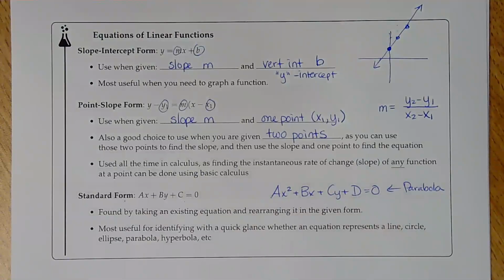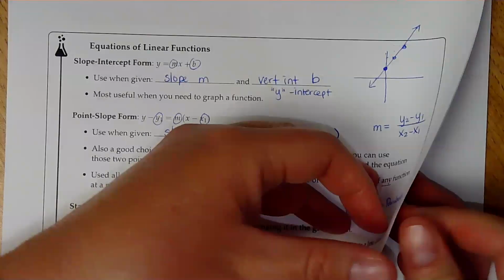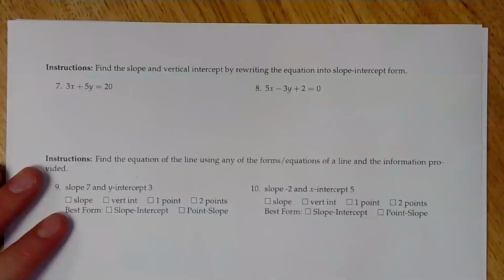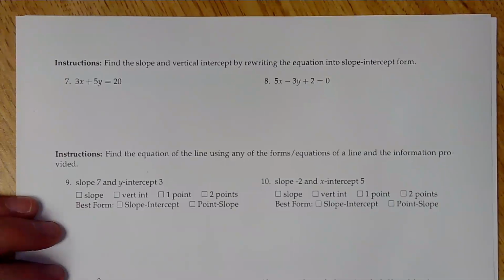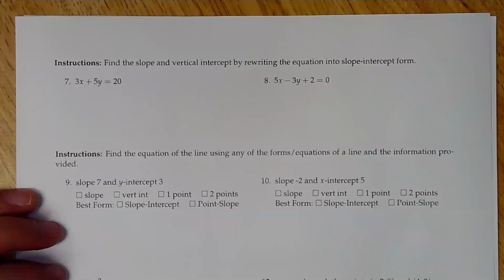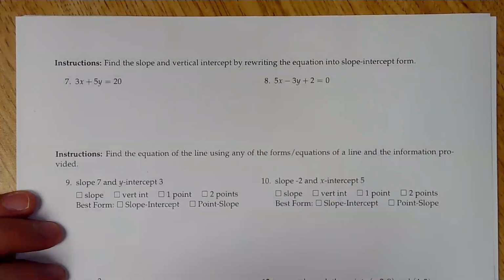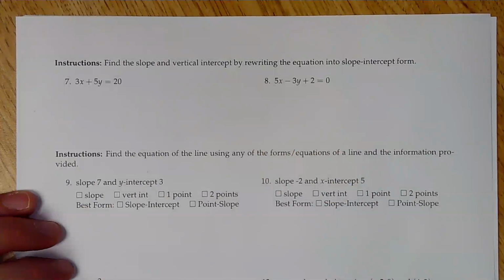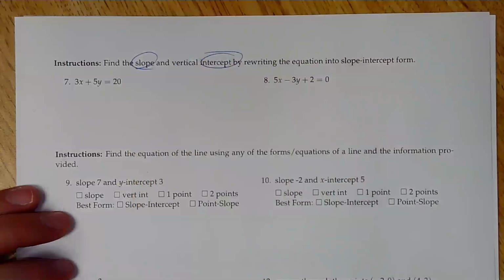All right, so let's take a look at using these. We're going to turn to this next page here. We are going to find the slope and vertical intercept by rewriting this equation into slope-intercept form. This one here is actually written, it looks like, in standard form. This one is not written in any form at all, but that's okay. So to find those, we're going to rewrite these into slope-intercept form, because those are the two things they're asking us to find.